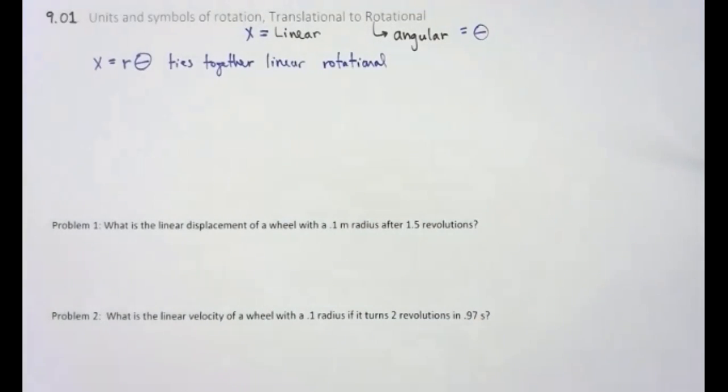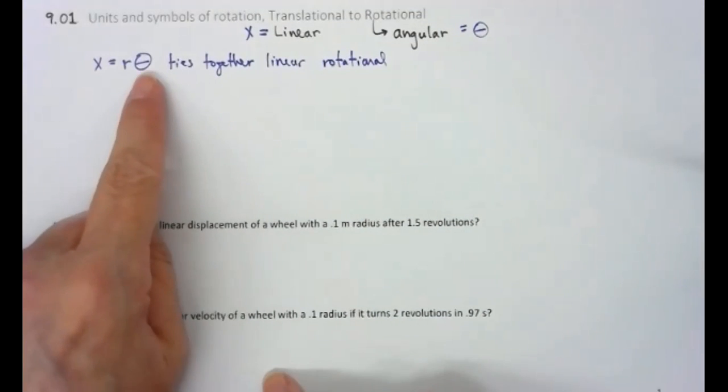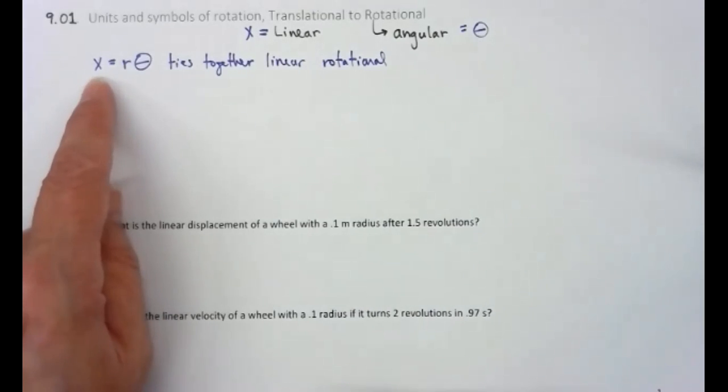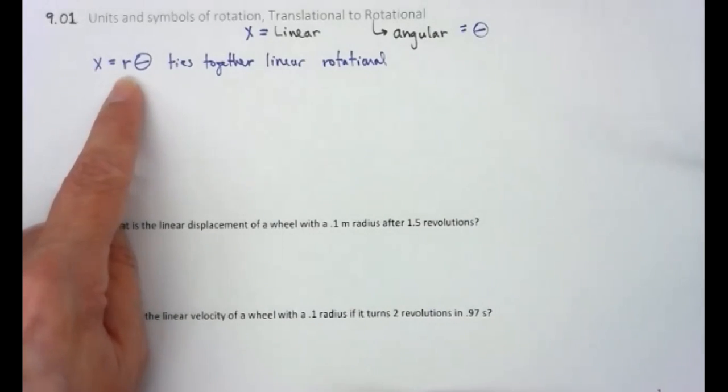And here's the deal. Every point on that spoke had the same angular displacement, because they all traveled through the same number of degrees going in a circle. But every point on that spoke had a different linear value, and that was dependent on where it sat on the spoke.